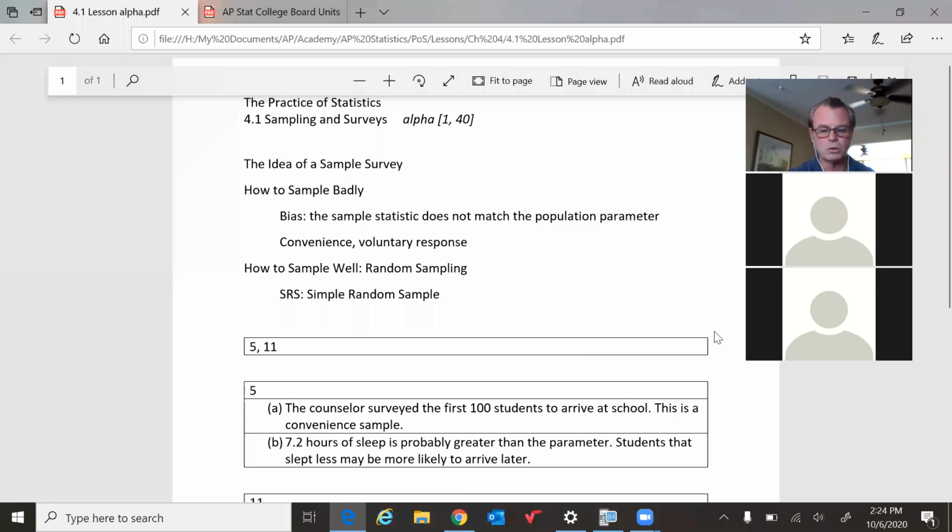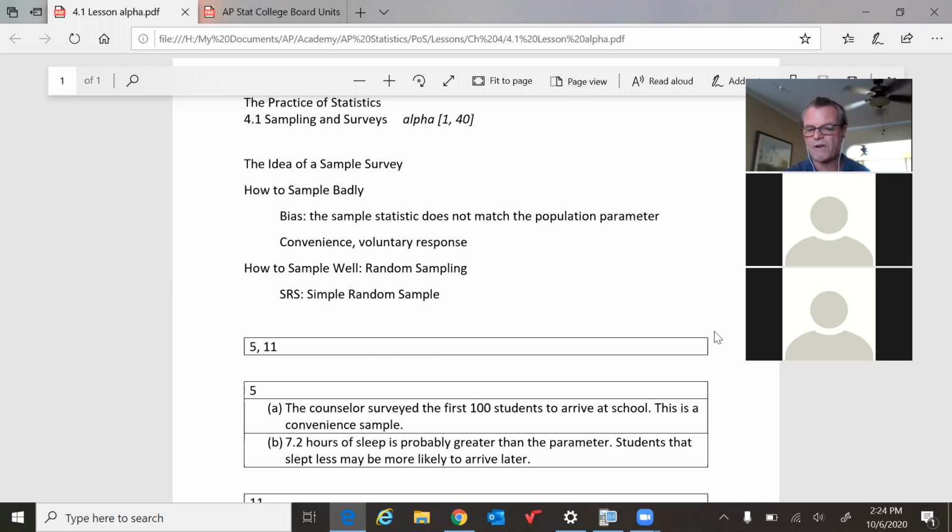All right, so what's the issue? Well, the counselor may have meant well, but surveying the first 100 students that arrive at school is just convenient for the counselor. And that's not likely to give a sample that represents the population, it's likely to be biased. It's unlikely that that sample statistic is going to map onto the population parameter.